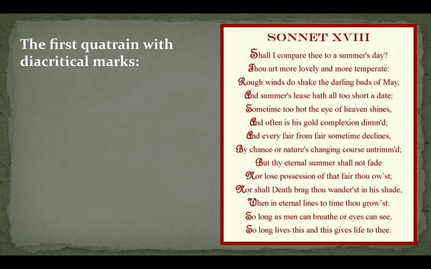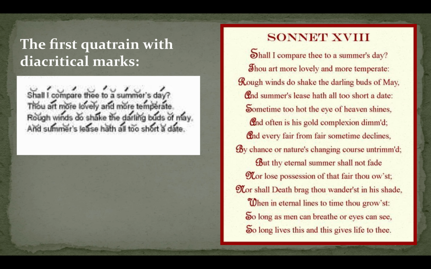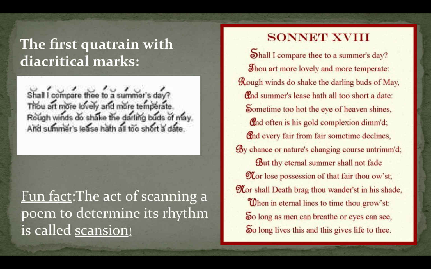Now, we talked about iambic pentameter, and you may recall that we can mark a poem's rhythm using diacritical marks. See if you can remember, what was the name of this mark?